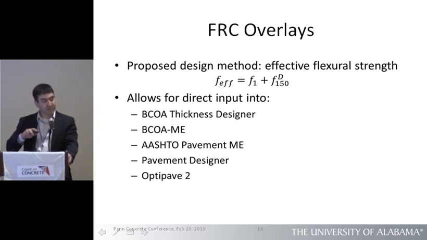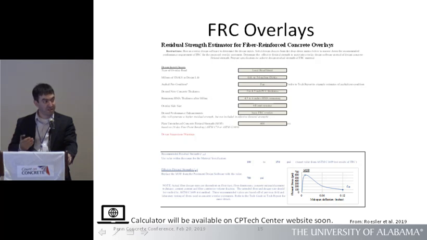To help you know what residual capacity you're looking for, because 50 psi may not be enough, but maybe 300 psi residual capacity is too much, we've developed a spreadsheet calculator that will hopefully in the next couple of weeks be available on the CP Tech Center website, where you input your specific project parameters, like the type of overlay, the expected traffic level, the condition of your asphalt base, the expected design thickness of your concrete overlay, and it will give you a value that is your target value you're looking for, your composite or your effective flexural strength.